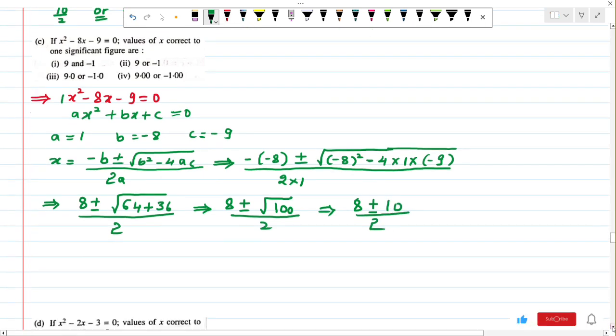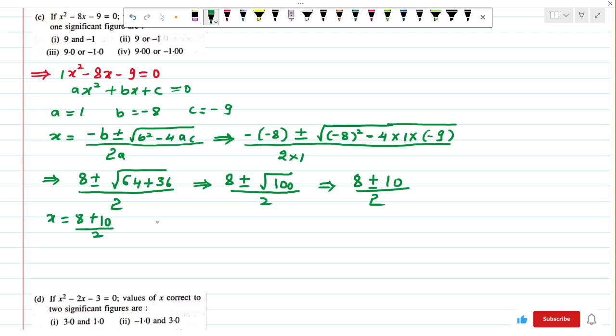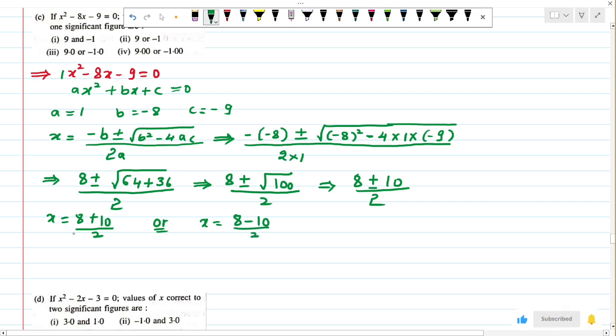Next I'll substitute the possibilities, that is x is equal to 8 plus 10 divided by 2, or x is equal to 8 minus 10 divided by 2, that is 18 divided by 2 or minus 2 divided by 2.